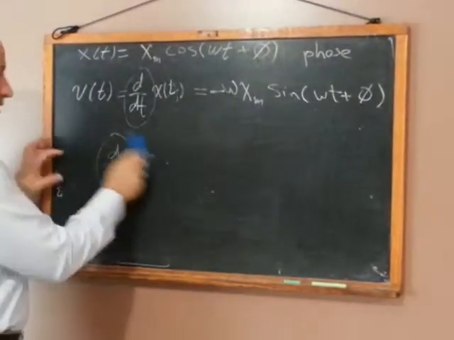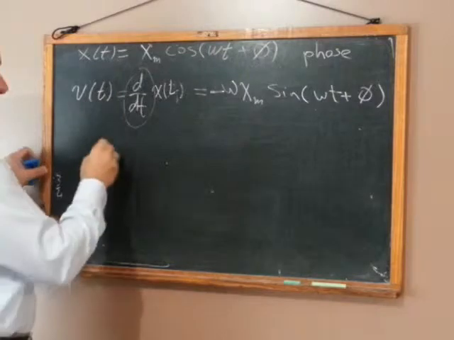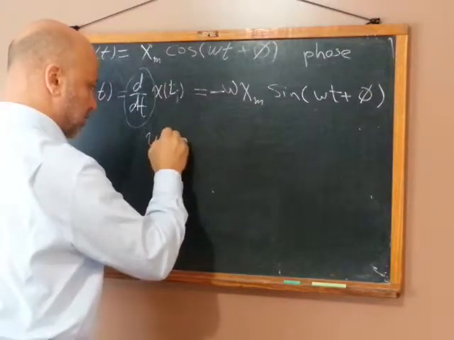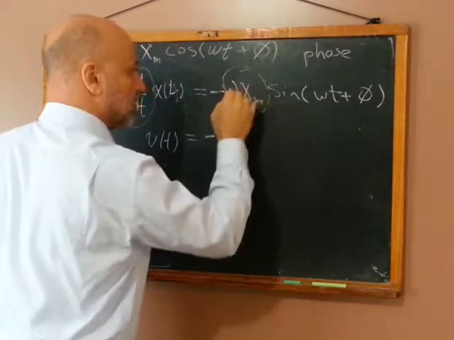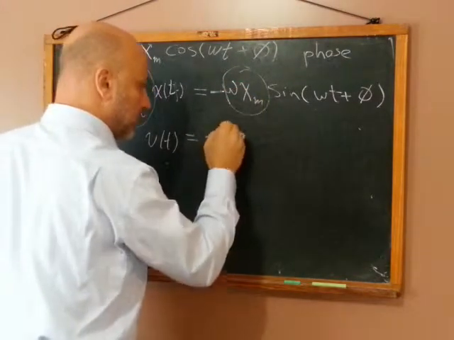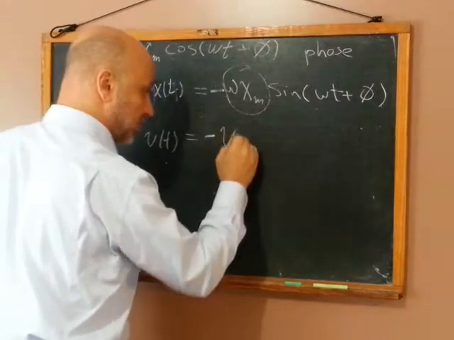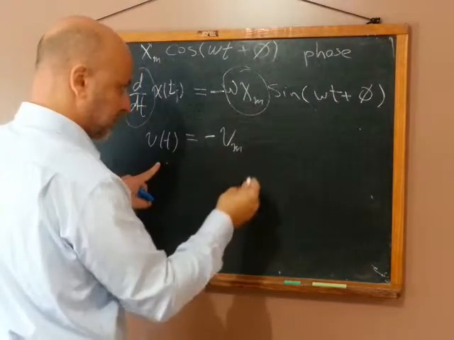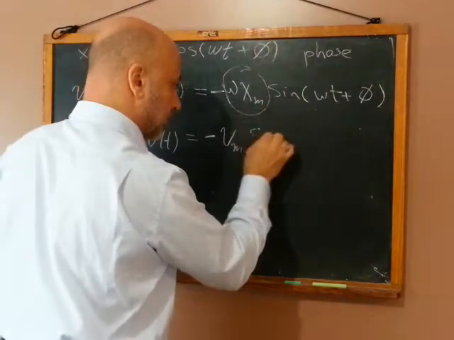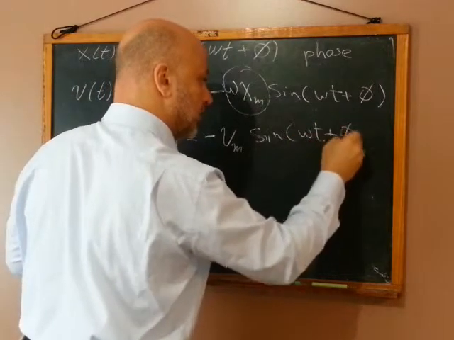Now this is the velocity of the simple harmonic motion. So the velocity equals negative these two constants. We could replace them by one single constant, which is V max, because the sine has no unit: v equals negative V max sine of omega t plus phi.